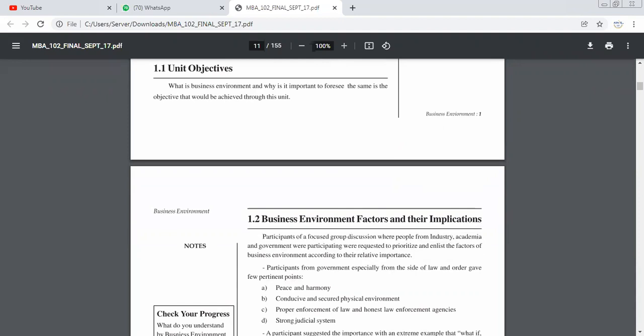I will give you one more example: natural calamities. This is also an important factor beyond our control. Suppose there is heavy rainfall and your business is washed away. That is not in our control. Are you getting my point? These are all factors which are not in our control.